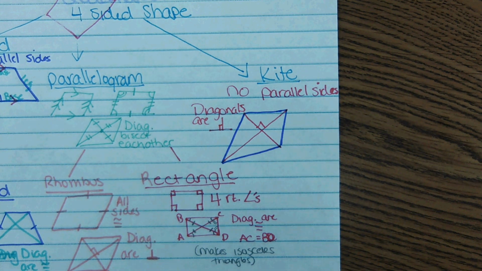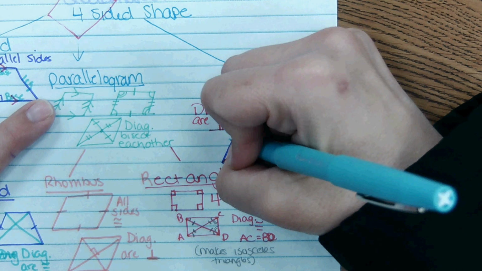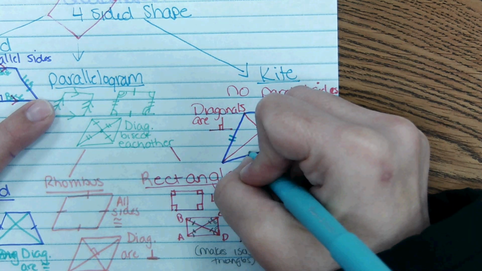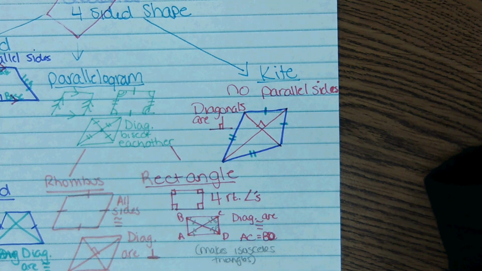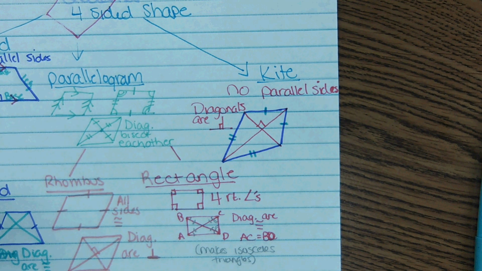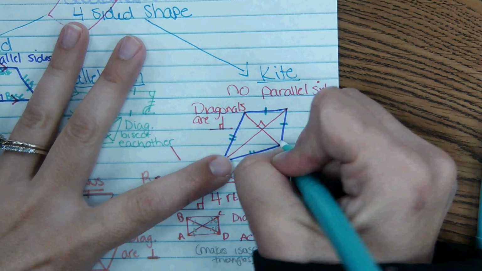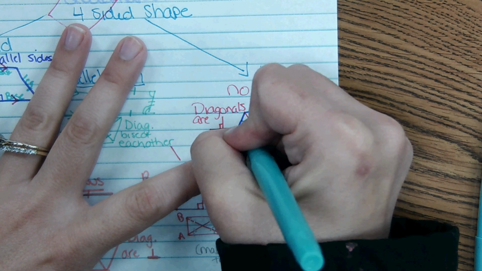What else happens? The consecutive sides are equal. So this length is the same as this length, and this length is the same as this. And last but not least, this angle is the same measure as this angle.